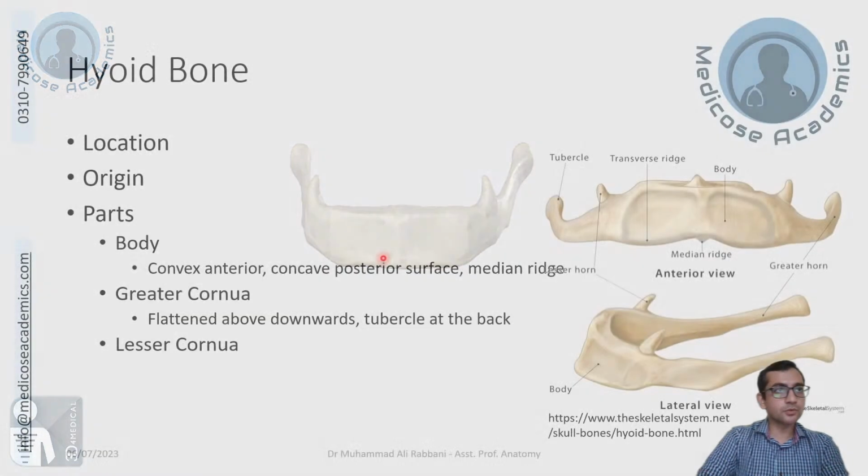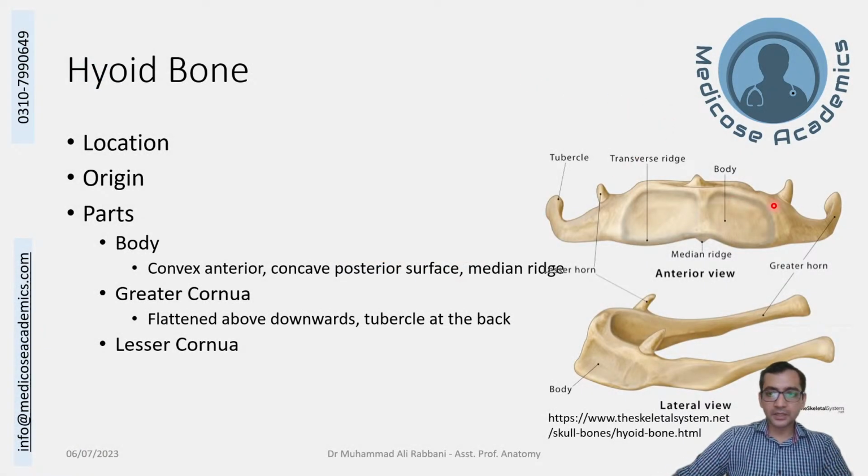This is the body. The smaller projections on the top are the lesser cornu, and the bigger projections going backwards and sideways are the greater cornu. For most practical purposes, knowing the names of the three parts gets you by.